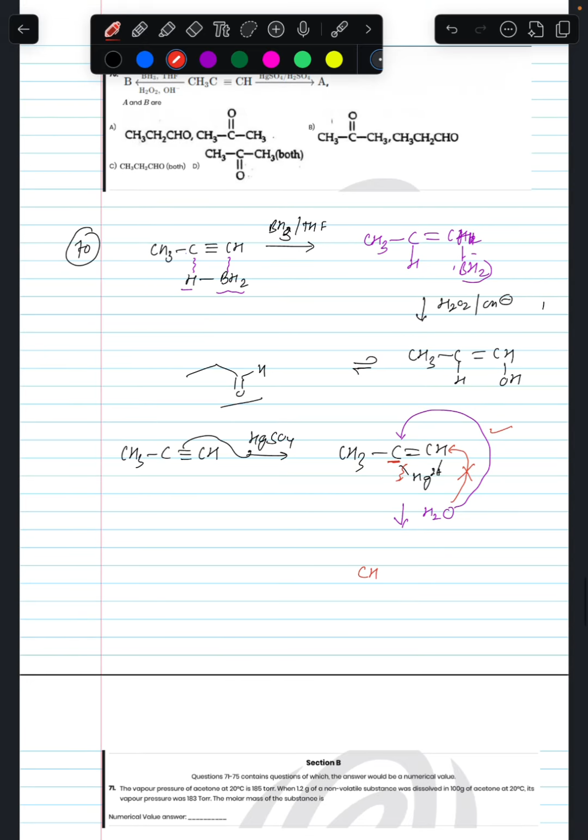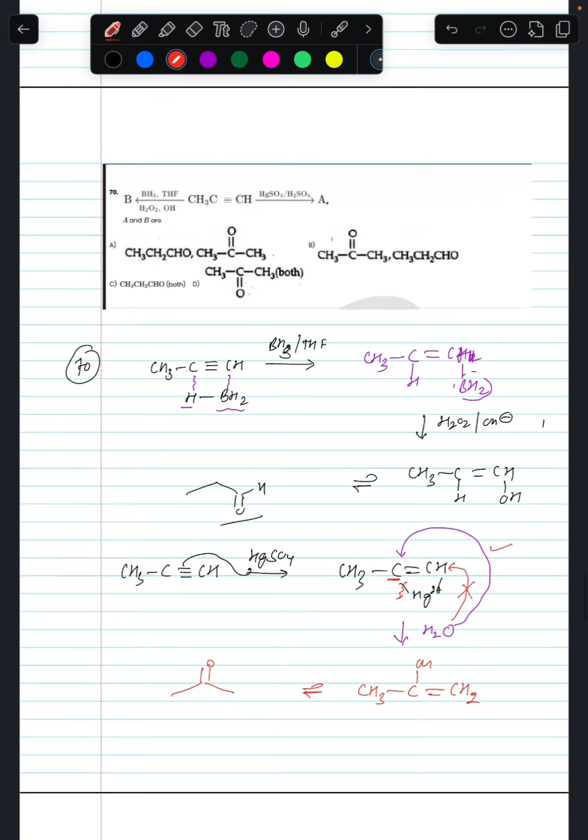So OH will attach here: CH3 C(OH) double bond CH2. After that it will tautomerize, and we get acetone. So the correct option will be B: A is acetone and B is aldehyde.